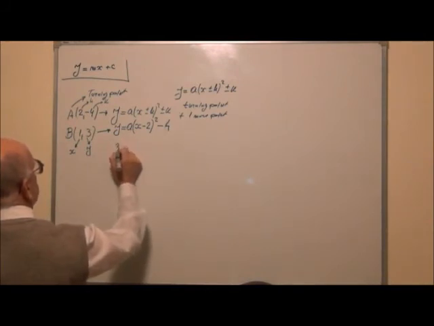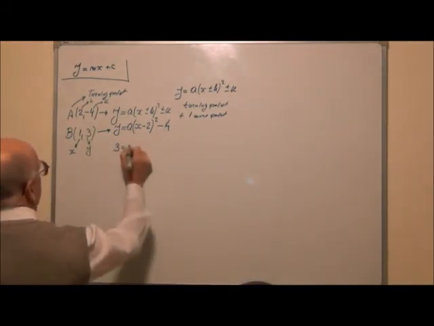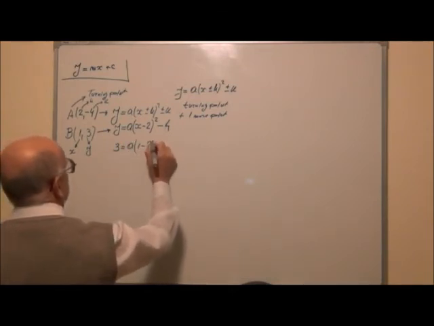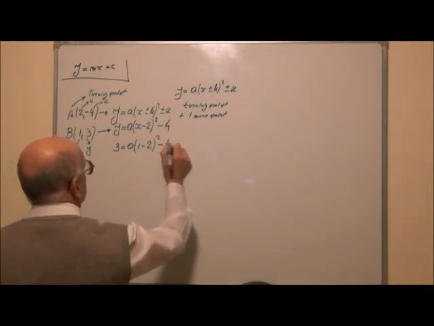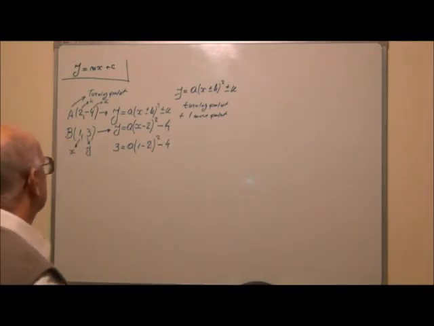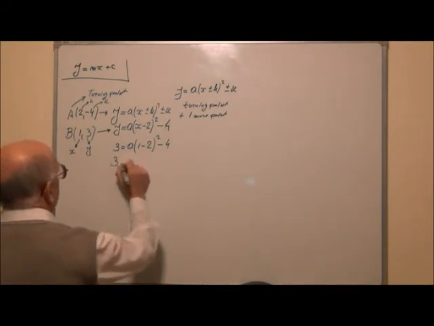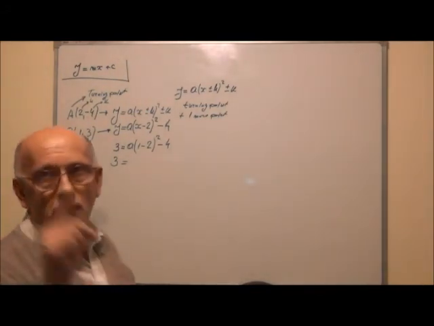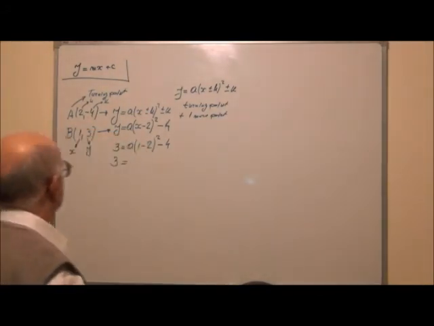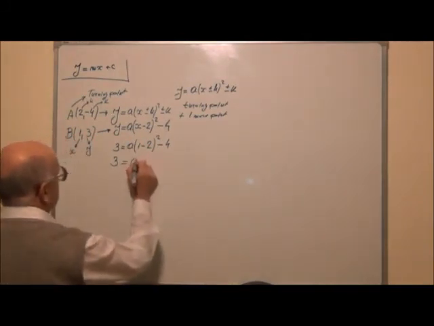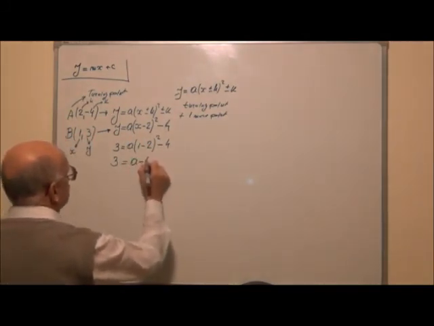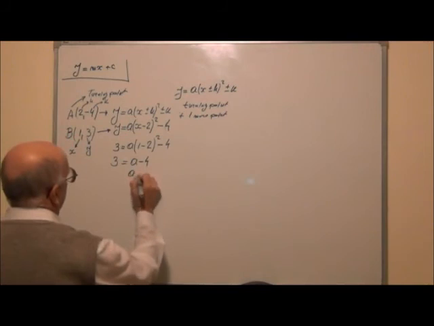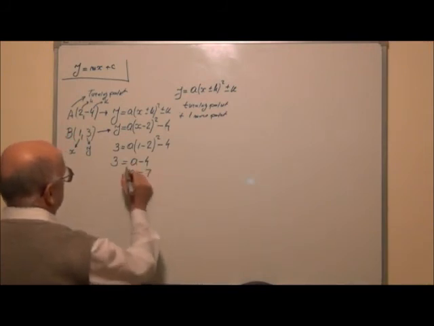We have y is 3 equals a, x is 1 minus 2, over 2, and minus 4. We have 3 equals 1 minus 2 is minus 1, minus 1 to the power 2 is plus 1, multiplied by a is a, and minus 4. Minus 4 on the other side, and a is equal to 7.